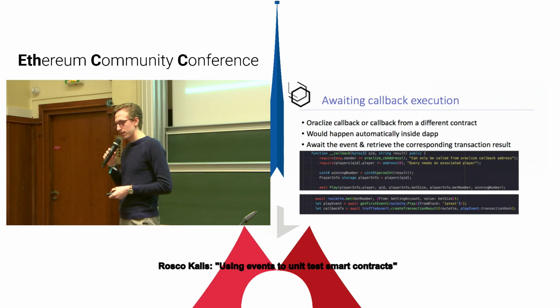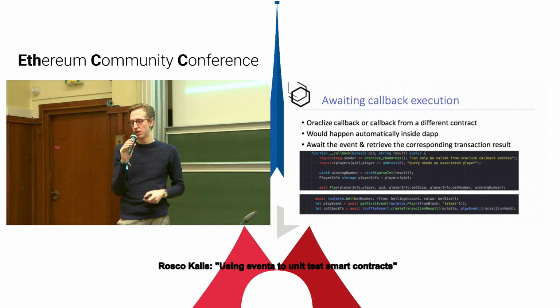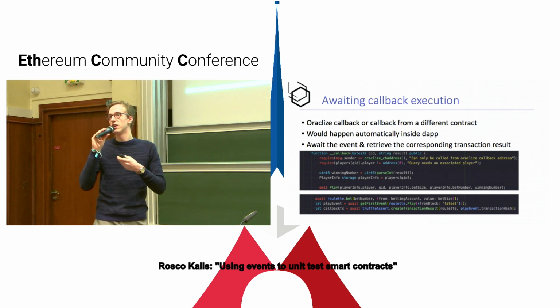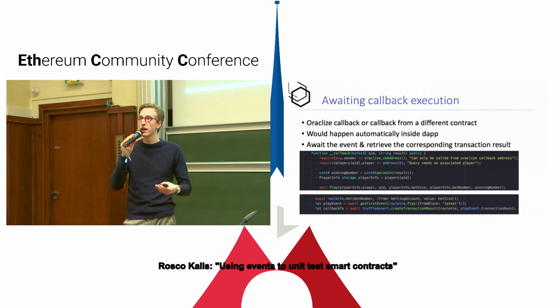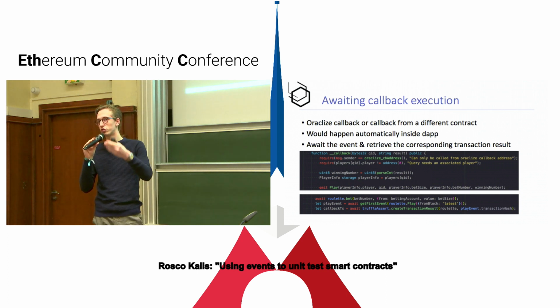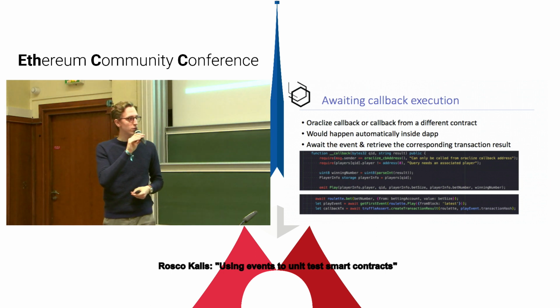And the final strategy is a really strong strategy to test callback functions. So, for instance, if you're using Oraclize or a different Oracle service, then they usually come with a callback so that it can reach your smart contract again after they have retrieved some data from off the chain.